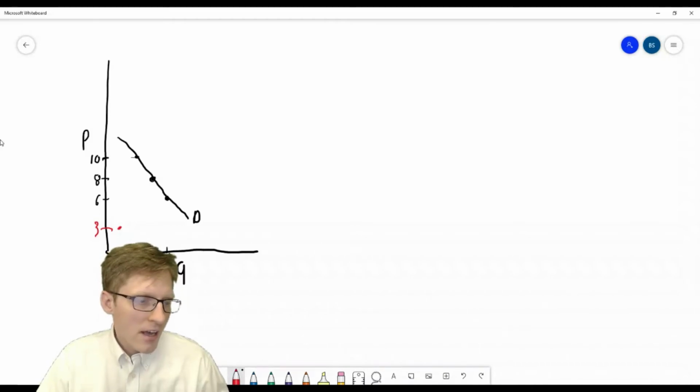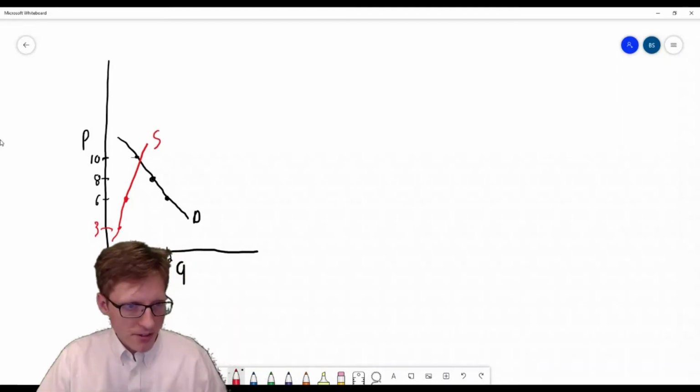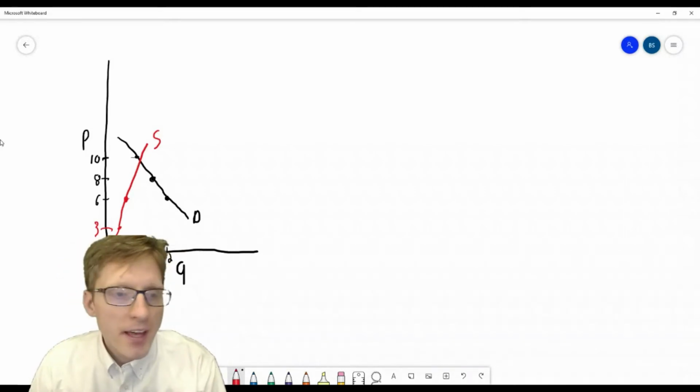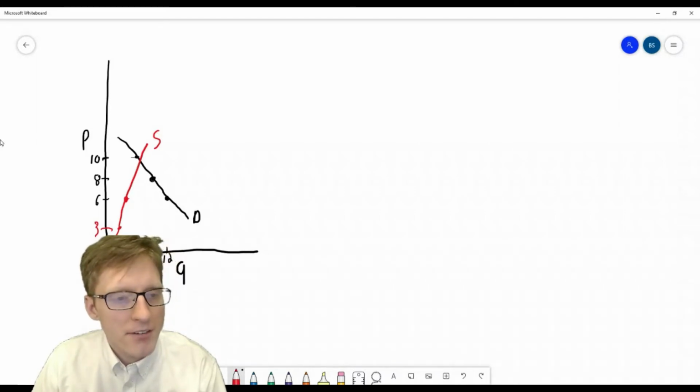And you might find at a price of $6, they're willing to provide 4 units, etc. And if you were to connect these points, you would get the inverse supply curve, which is shown in red here. And the equilibrium is the price and quantity where these two lines intersect, where the inverse supply intersects the inverse demand curve.